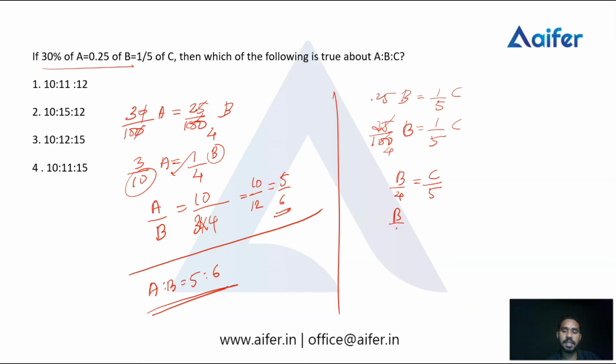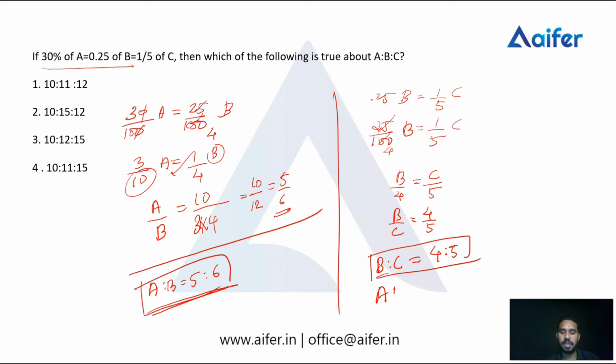So B by C is equal to 4 by 5, then B is to C is equal to 4 is to 5. This is the second relation. The first relation is here. So B is to C is 4 is to 5 and A is to B is 5 is to 6.